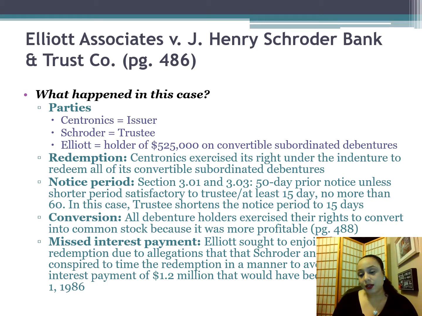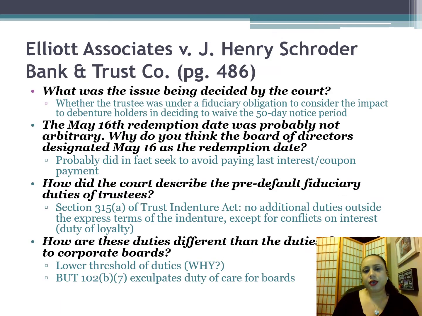So if in fact the trustee uses discretion to select this longer notice period of 50 days, the debt holders would have received an additional interest payment. And so our issue is whether or not the trustee was under a fiduciary obligation to consider the impact to these debenture holders in deciding to waive the 50-day notice period.